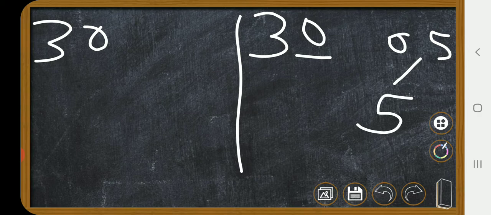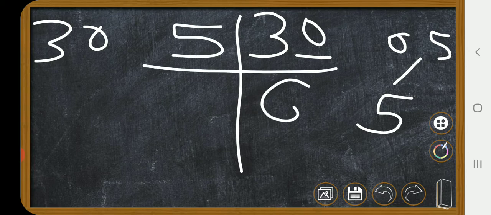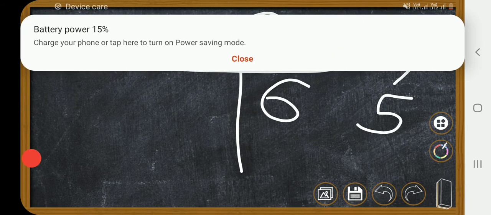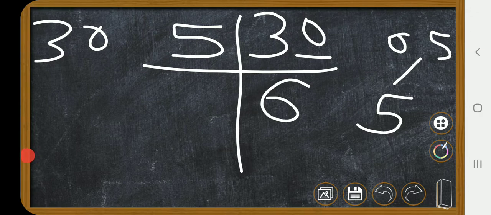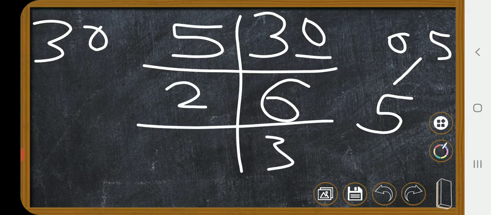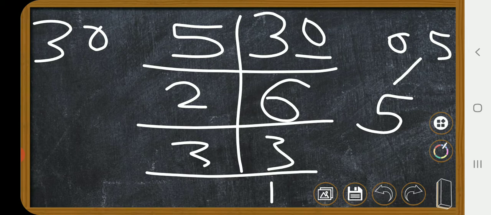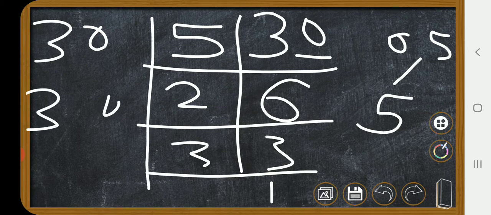Here 30 has unit number 0, so it is divisible by 5. 5 sixes are 30, then 2 threes are 6 and 3 ones are 3. So these are the prime factors of 30. Understood?